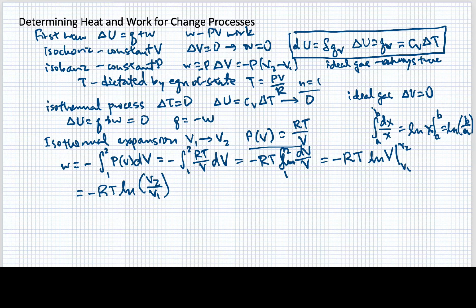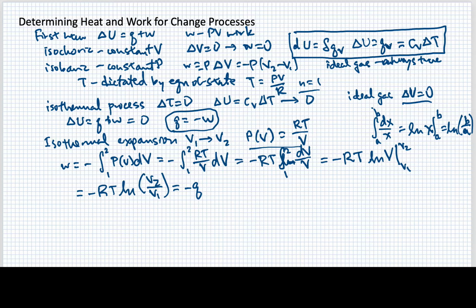And I'll remind you that we got up here that heat is equal to negative work, so this is negative heat. So in one stroke we have actually evaluated both the heat and the work for this process, but simply because we have that delta U is equal to 0 in an isothermal process.